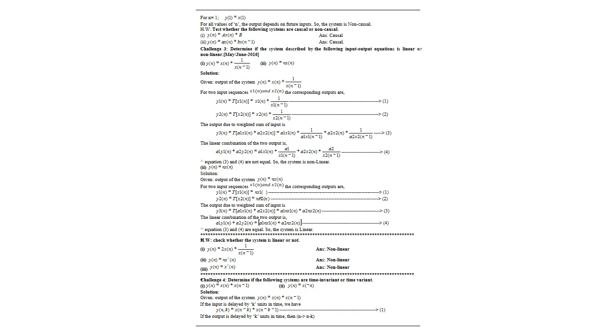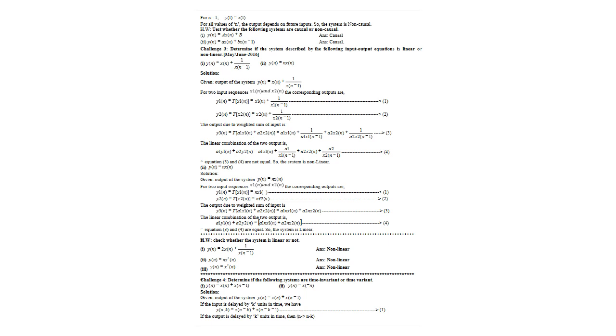So y3 of n is equal to T of a1 x1 of n plus a2 x2 of n, that is a1 n x1 of n plus a2 n x2 of n. Next, the linear combination of the two outputs: a1 y1 of n plus a2 y2 of n is equal to a1 n x1 of n plus a2 n x2 of n. Here equations 3 and 4 are equal. So the system is a linear system.